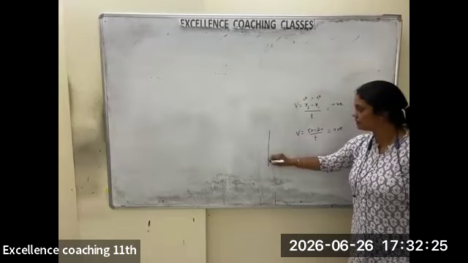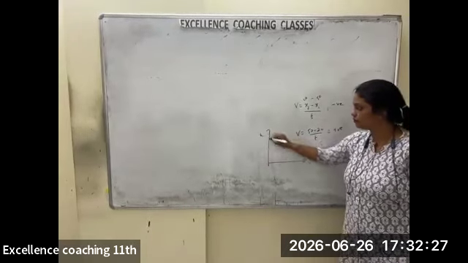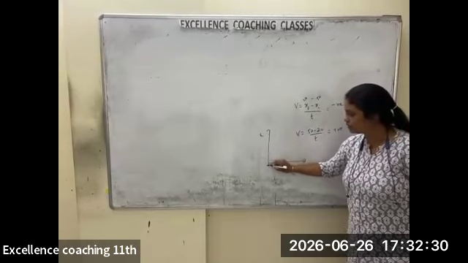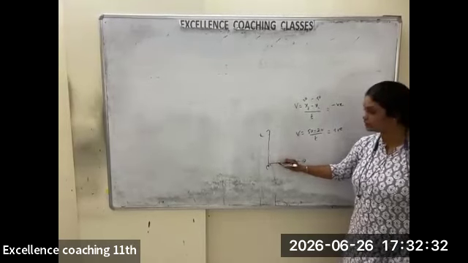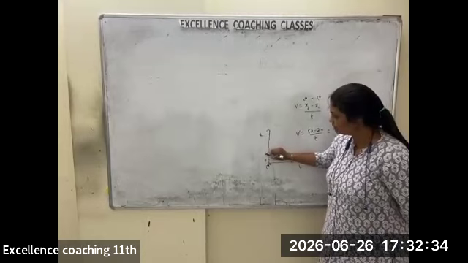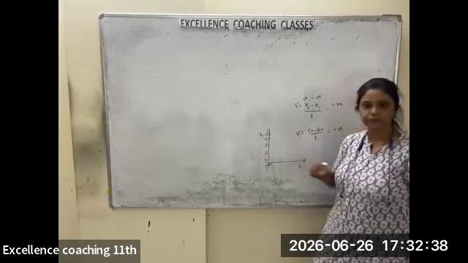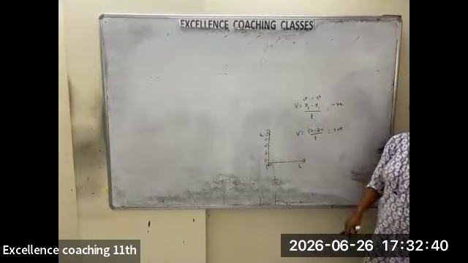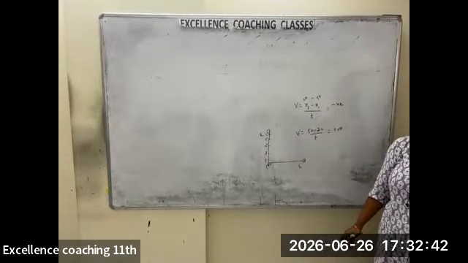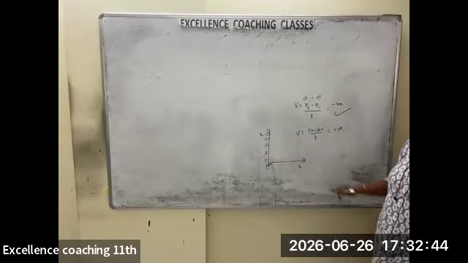Okay. Now this is your x-t graph. Start with values. Say 10, 20, 30, 40, 50. When you will get negative, how should it come?